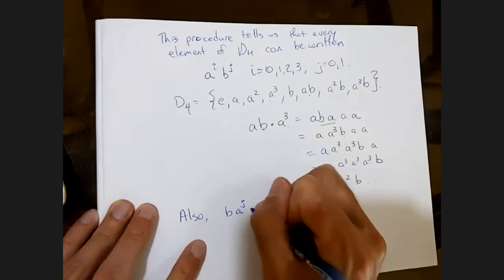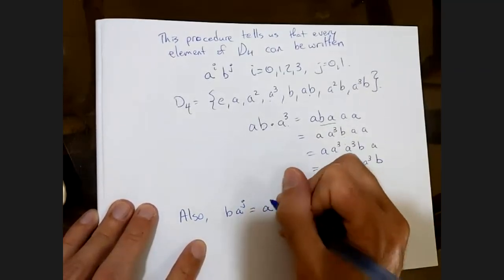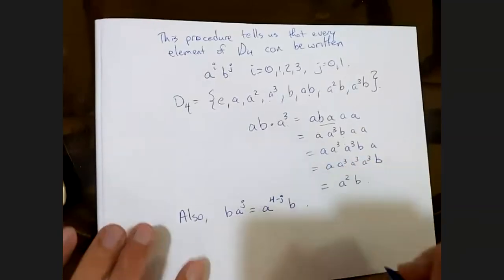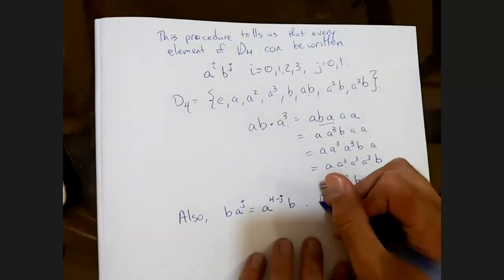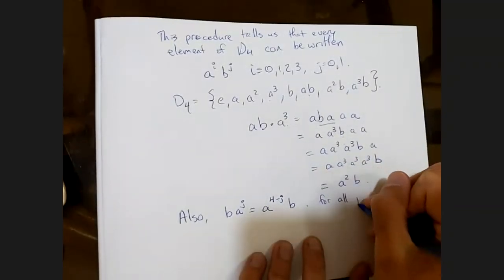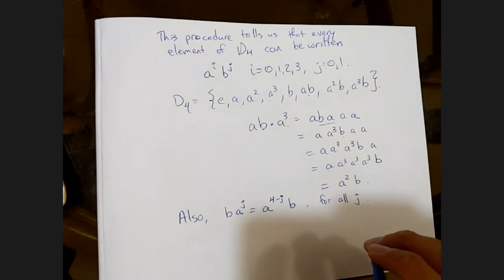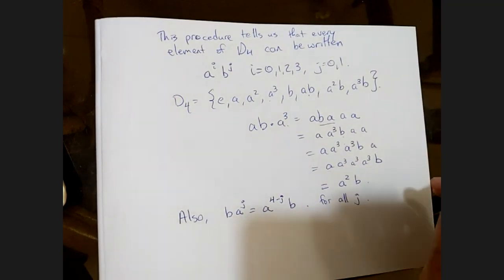In general, B times A to the J is just A to the 4 minus J times B for all J. Which gives us a more general rule to switch A and B. So this gives us enough information to work out multiplication in D4.